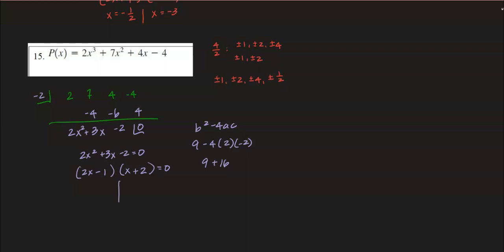Okay, so we have 2x minus 1 equals 0, x equals 1/2, and x equals -2. So the zeros of this are x equals -2, -2 again, and 1/2. So the way you would write this is x plus 2 squared and 2x minus 1.